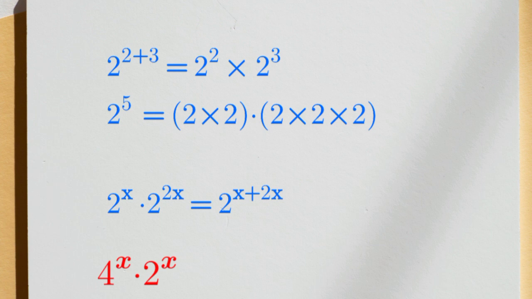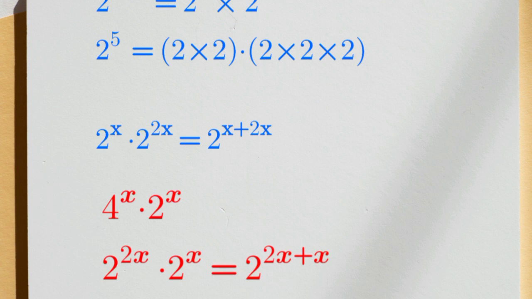Now this is kind of tricky because according to our rule, our base has to be equal. So what do we do? As you can see, 4 can be written as 2 raised to the power of 2. So we're going to write our 4 as 2 raised to the power of 2. So this expression will give us 2 raised to the power of 2x multiplied by 2 raised to the power of x. So this is equal to 2 raised to the power of 2x plus x.